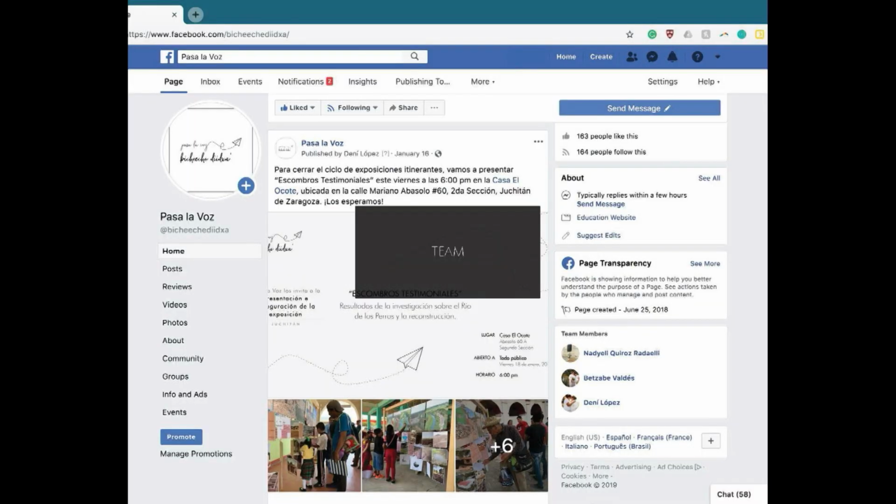So we created a participatory action research organization called Bichechedilla, which in Zapotec means, well, in Spanish, it means spread the word. And it's what we wanted to do, connect people on the ground to people here, to policymakers, to start and do something for real.